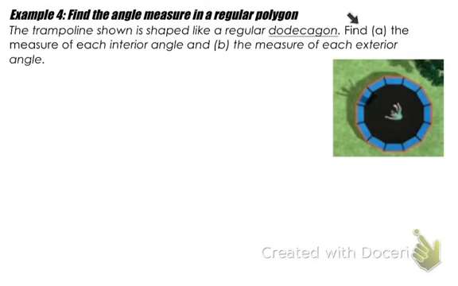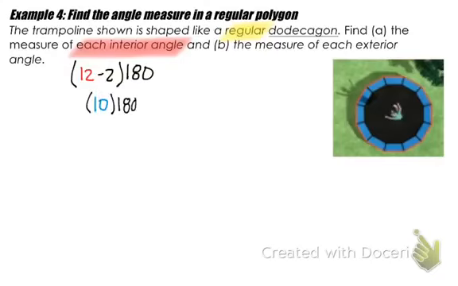Since it's regular, we know that each interior angle is going to be the same measurement. What did we learn about finding the sum of the interior angles of any polygon? We have to use n minus 2 times 180. So we use 12 sides minus 2 times 180 to find the sum of the interior angles. 12 minus 2 is 10, times 180.